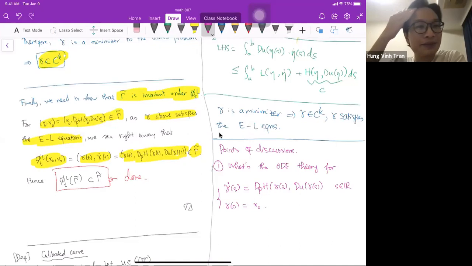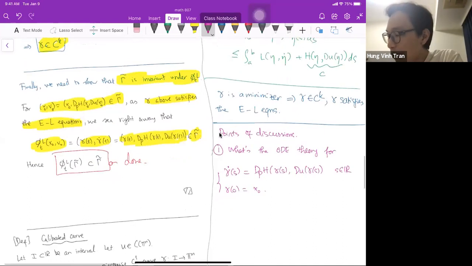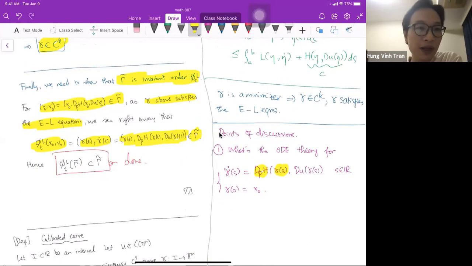Well, if naively we assume everything is nice, then surely you have an ODE theory for this one. But the point here is that H is nice, C2 or CK, it doesn't matter. X is compact in the torus, or you can make it in Rn with certain good enough assumptions at infinity, and you're fine.